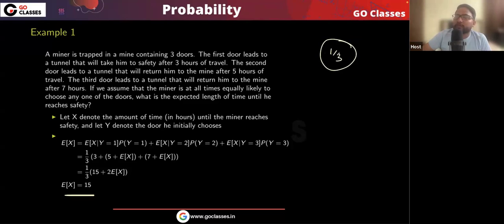No, right? It's like that: if you try enough number of times, then 1 by 3 of the times you will be winning. This is the definition of probability. Similarly, the definition of expectation means if you try enough number of times, then on average you will be coming out after 15 units of time, right?